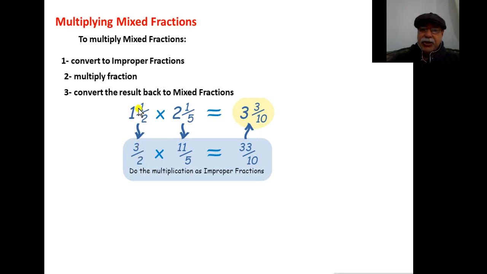I convert to an improper fraction. 5 times 2 is 10, plus 1 is 11/5. Then 2 times 3 is 6.